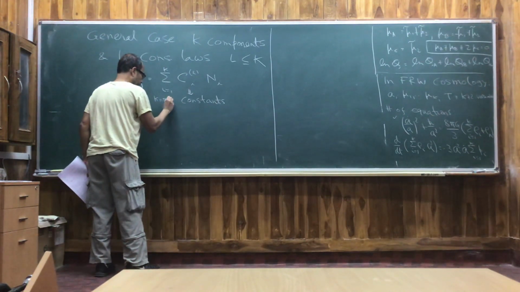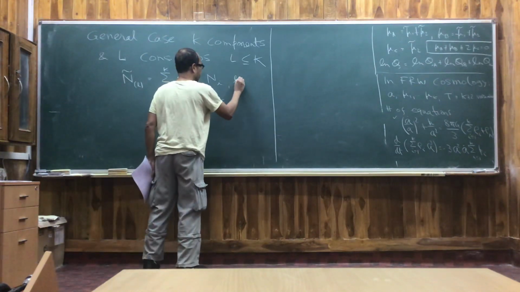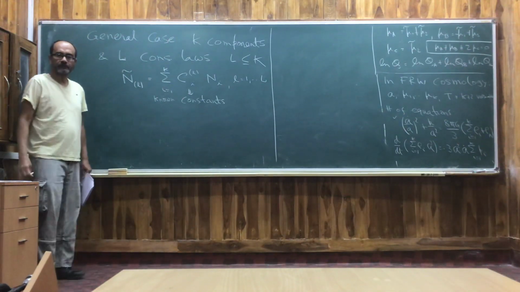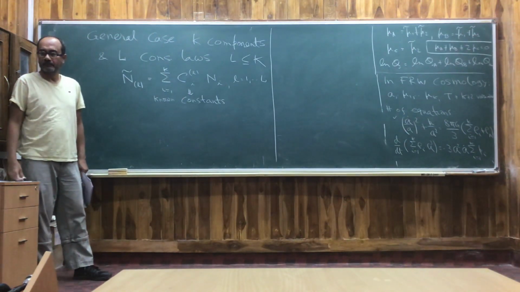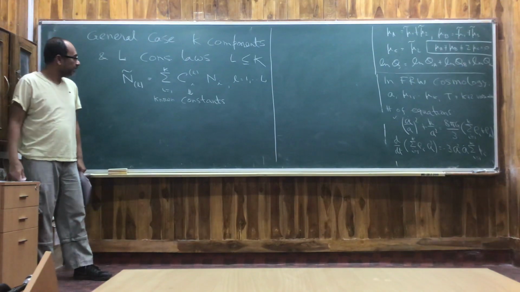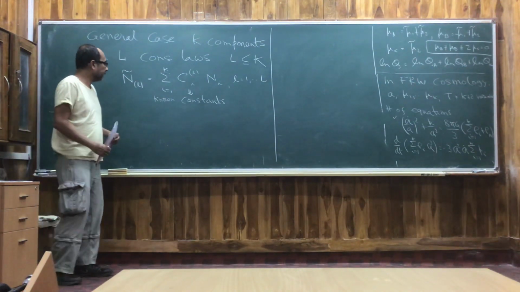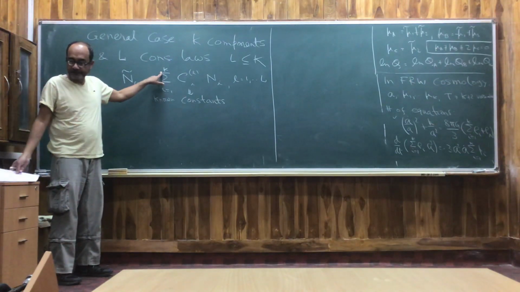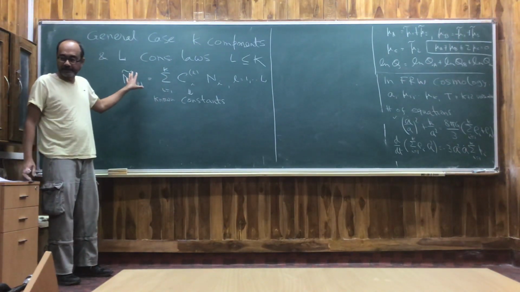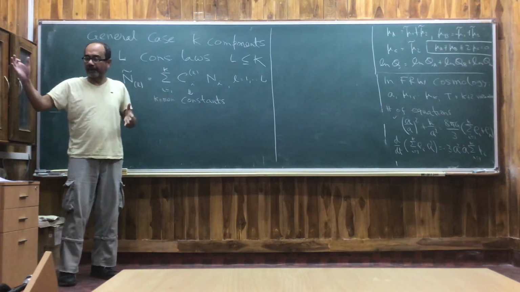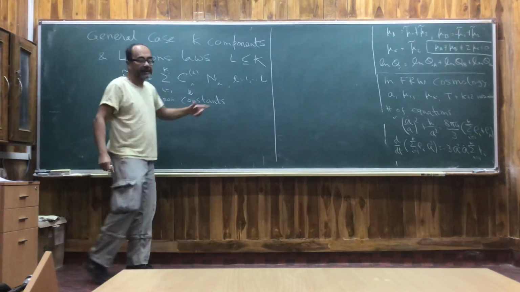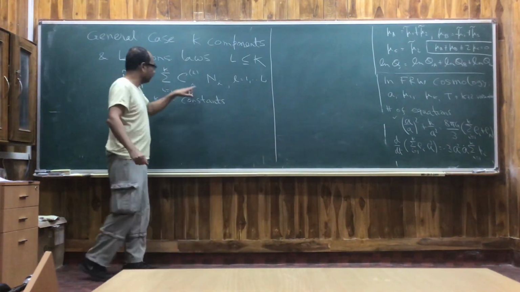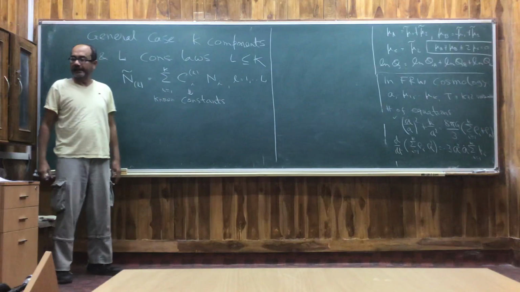And L runs from 1 to L. And i runs from 1 to k, because this sum runs over all the species of particles. Each conserved charge is some linear combination of all the particle numbers, just like here it was Na plus Nb plus Nc, or Na minus Nb. Some of these could be zero, but in general it's a general linear combination of all the particle numbers. That's the expression for a conserved charge.